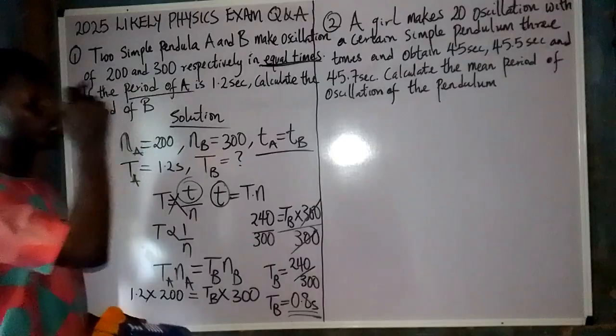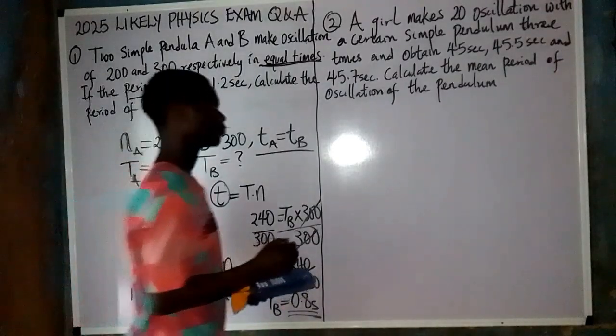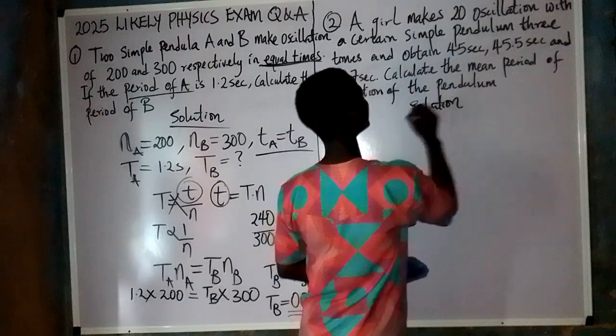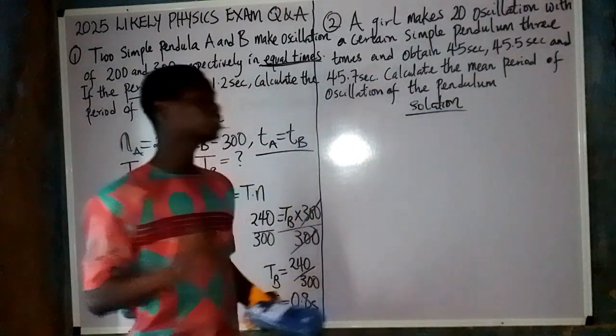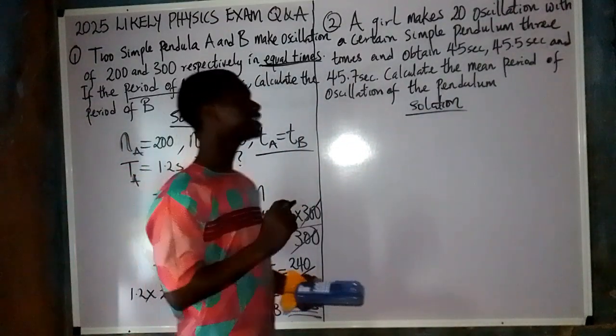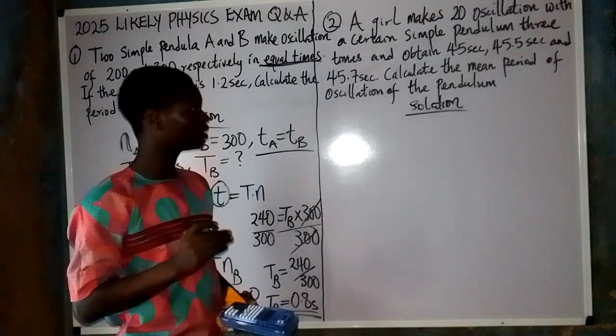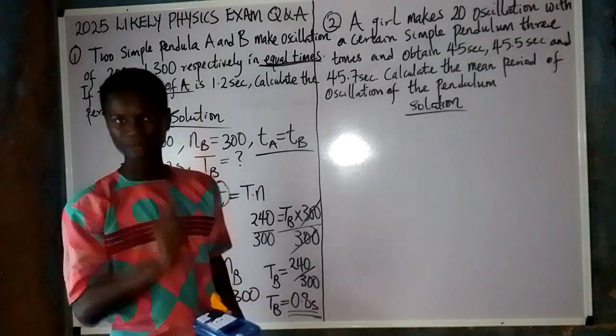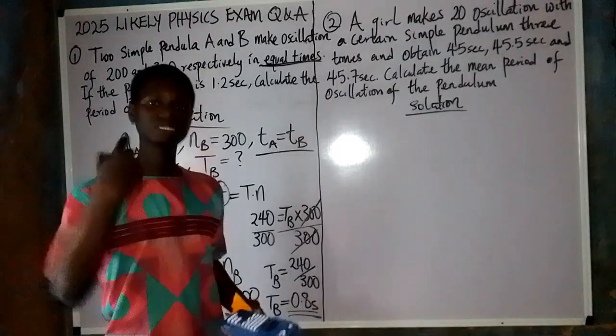So let's go to question 2, without wasting your time. We read together, then we solve. They said, a girl makes 20 oscillations with a certain simple pendulum 3 times. Not just 1 time, but she did that 3 times.